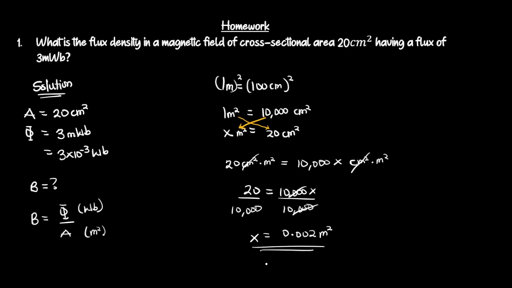So the area in meter square is 0.002 meter square. Very good. So now that we have the answer for our area, we can proceed to solve our problem. So our phi, or our magnetic flux, is 3 times 10 raised to the power minus 3 over the area, which is 0.002.